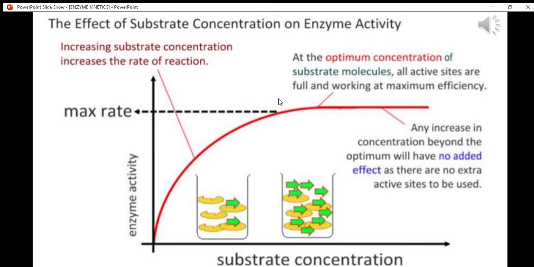Thereafter, even if we add more of the substrate, the velocity, the enzyme activity does not increase correspondingly, and we can see a horizontal region for the graph. It's because already all the enzymes are doing their maximum activity, and even if we add more of the substrate, they need to wait till the active sites are free to take up the extra substrate molecules we added.